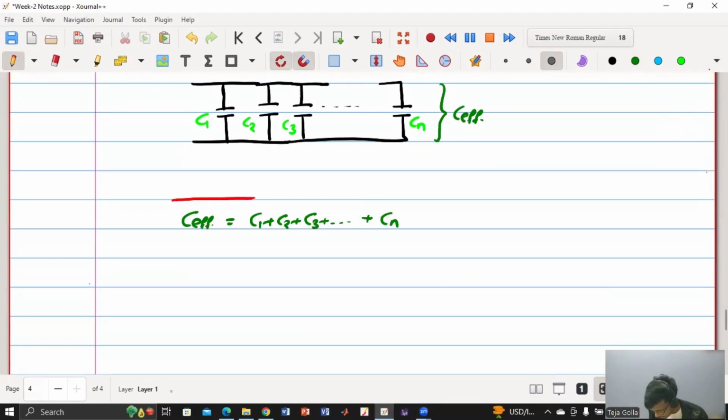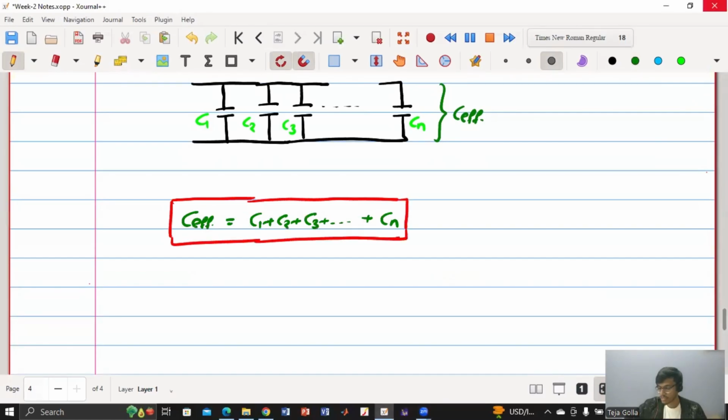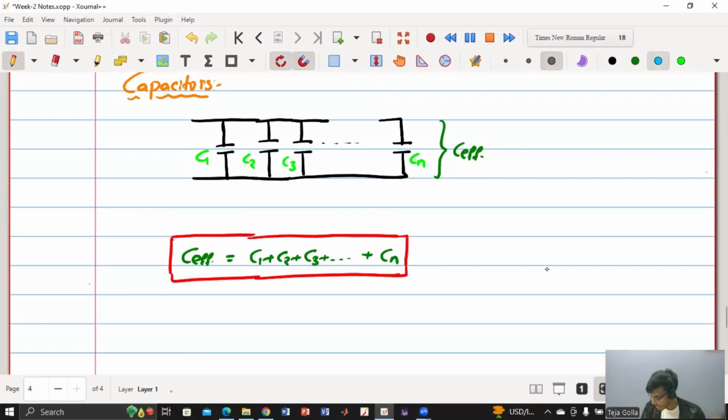And how are we getting this? We are basically applying KCL for all the capacitors, and the IV characteristic is given by I is equal to C into dV by dt. Now you have to apply KCL and sum the currents.